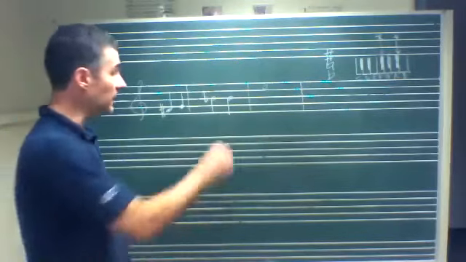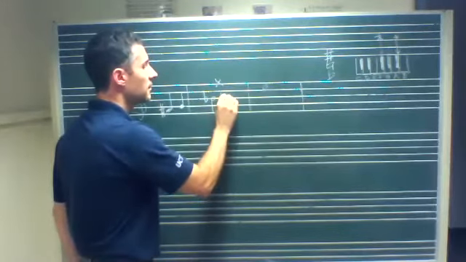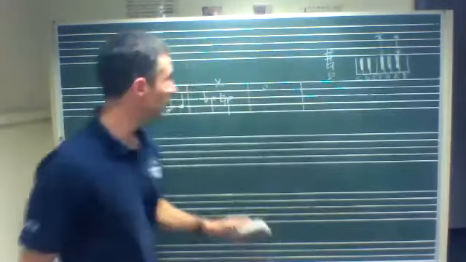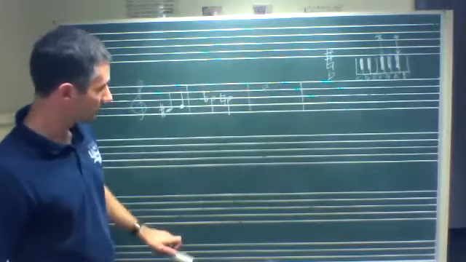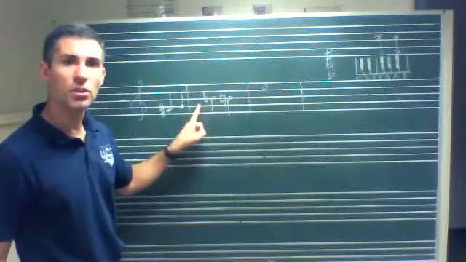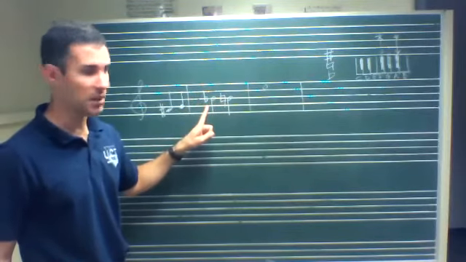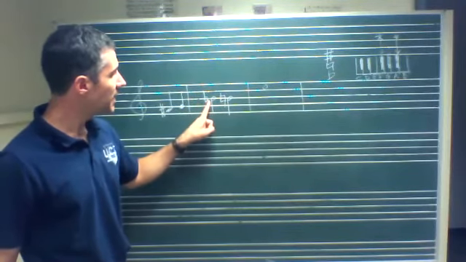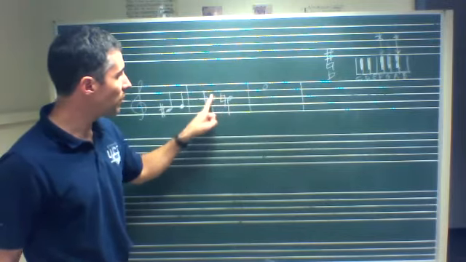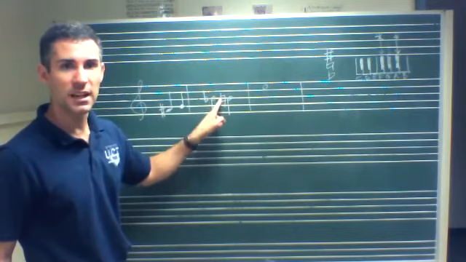That would be incorrect. We would have to write a natural sign. B natural. Do you see what I'm saying? So this is why it's important to know why you have to have natural signs, flat signs and sharp signs. If the flat sign is there, it's going to affect all of the notes in this bar unless you put the natural sign in front of the note.